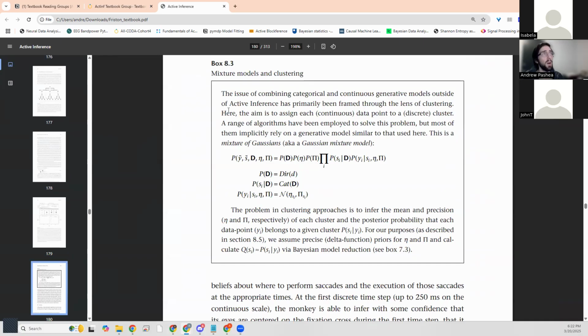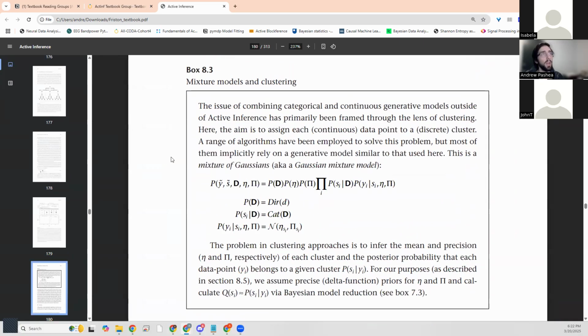We also have mixture models and clustering. For those unfamiliar with that kind of logic, imagine taking that hybrid model we just saw and smashing it down such that we can receive continuous data, but then use it to infer clusters or discrete state space data.